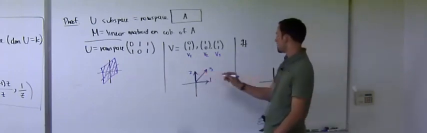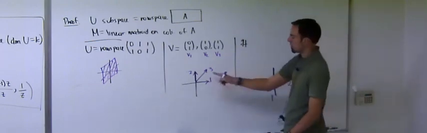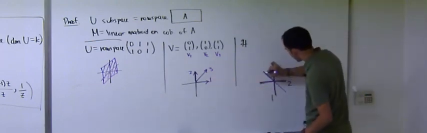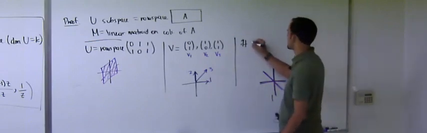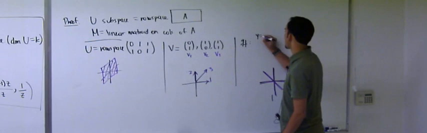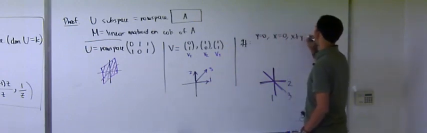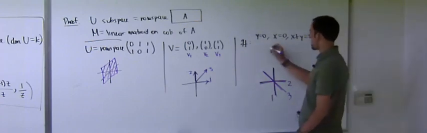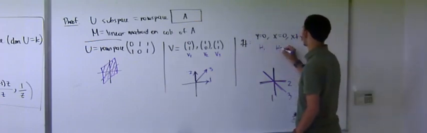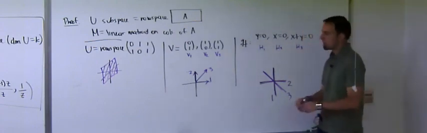The hyperplane orthogonal to 2 is this guy right here, 2. And the hyperplane orthogonal to 3 is this guy over here. So this is the arrangement consisting of the hyperplanes y equals 0, x equals 0, and x plus y equals 0. Okay. This is hyperplane 1, hyperplane 2, hyperplane 3. Okay.